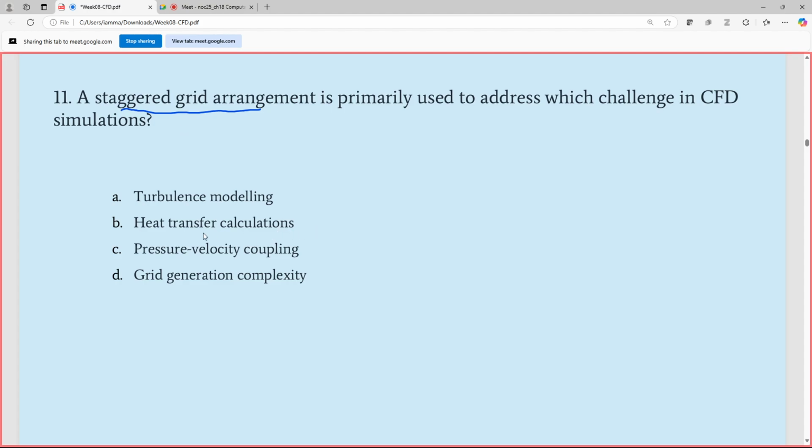Options are: option A, turbulence modeling; option B, heat transfer calculation; option C, pressure velocity coupling; option D, grid generation complexity. Which of the following challenges is being managed by staggered grid arrangement in CFD? You can inbox your answers.